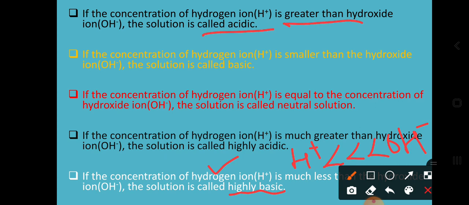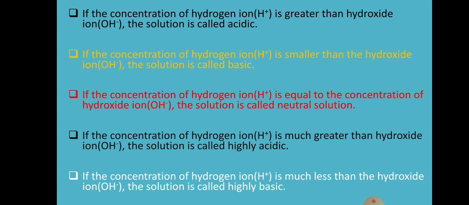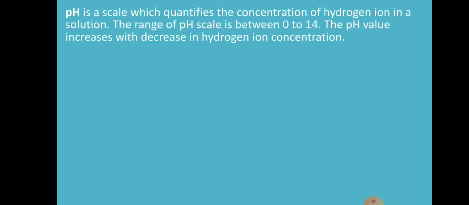If the concentration of hydrogen ions is much greater than hydroxide ions, it is highly acidic. And if it is much less, it is highly basic in nature. These are the key points you have to keep in mind.